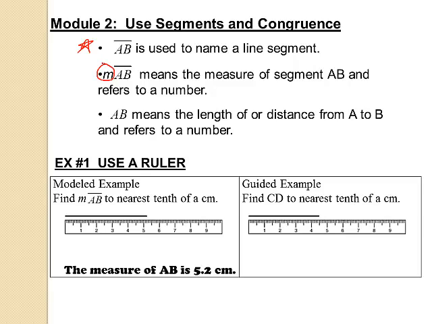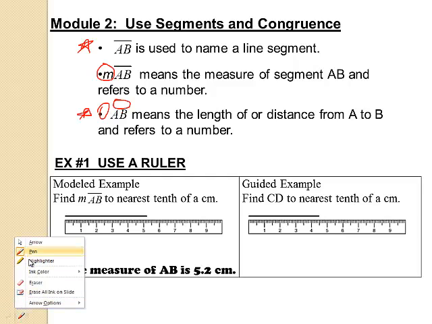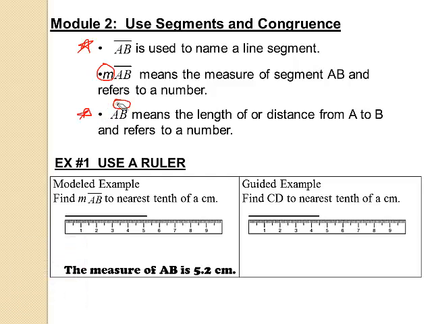So the measure of segment AB means the measure of segment AB and refers to a physical number, like 4 or 7 or something like that in terms of a length. Same deal here. The only difference is this one does not have an M in front, and it also does not have a segment notation above, and that basically indicates that it's referring to a length.